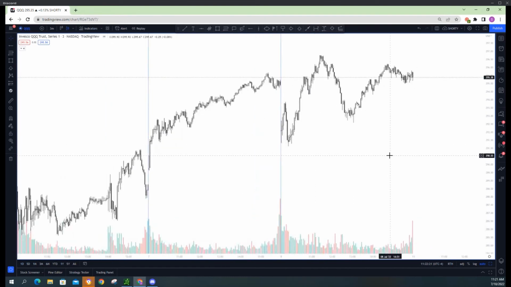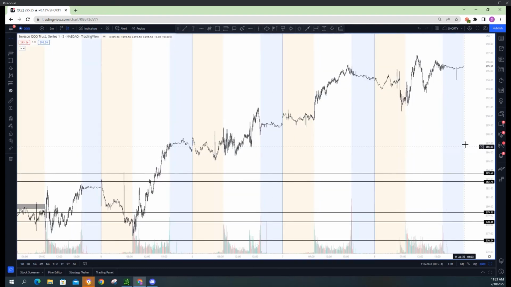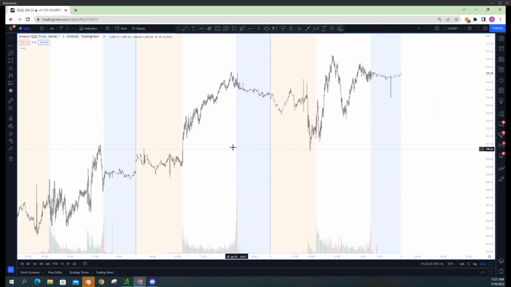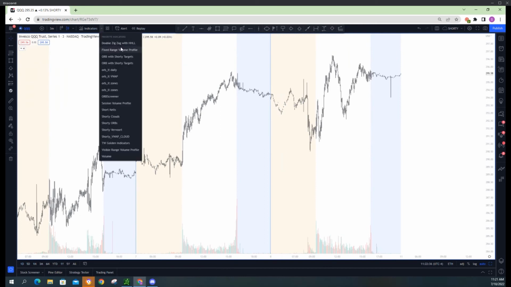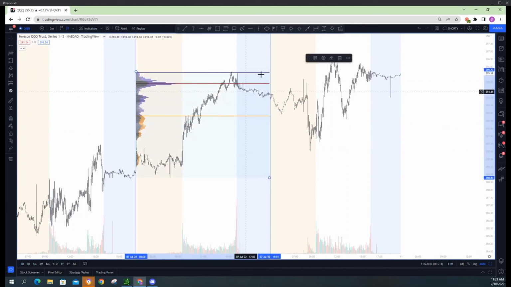Are you always using real-time hours instead of extended for that? Yeah. Even if you do extended here, you're not really going to get much in terms of volume. So for instance, if I grab it from here, let's just mark this POC to see how much it shifts.